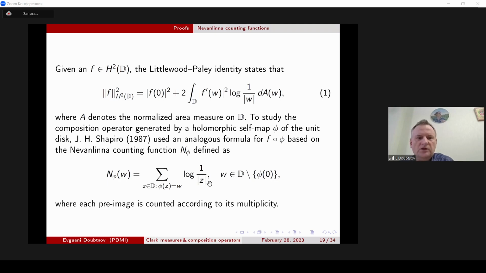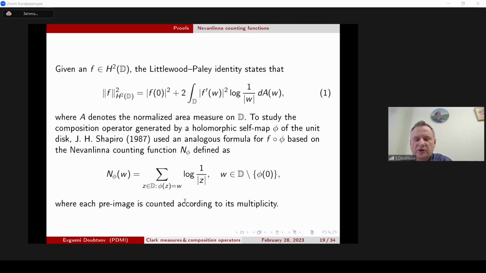In the case of Joel Shapiro, he used this so-called nonlinear counting function and the corresponding expression based on this function to obtain a different expression.